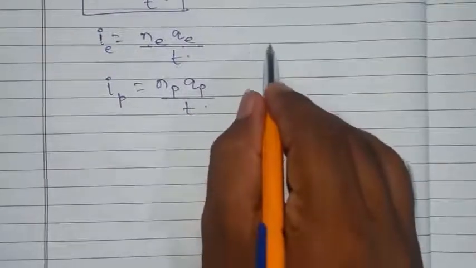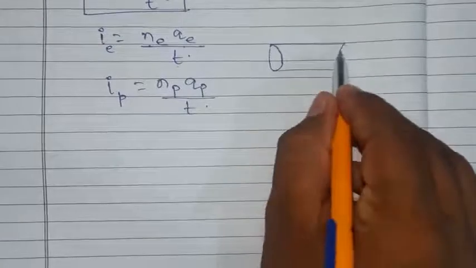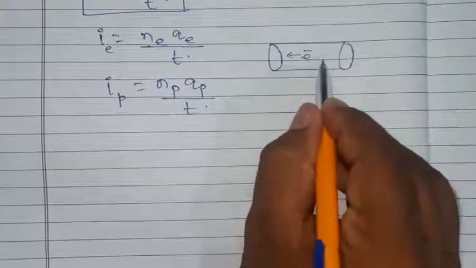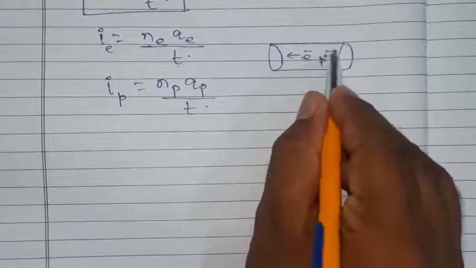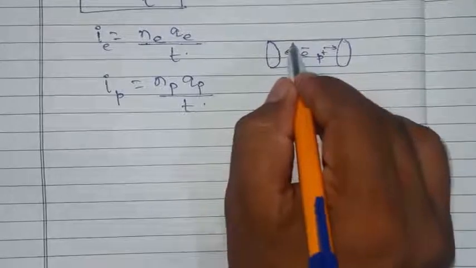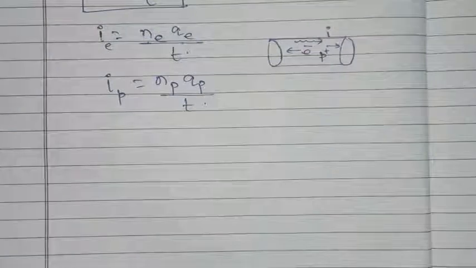We can see that electrons are flowing in this direction and the protons are flowing opposite to the electric field, but the current is flowing in the direction of protons, or opposite direction of electrons.